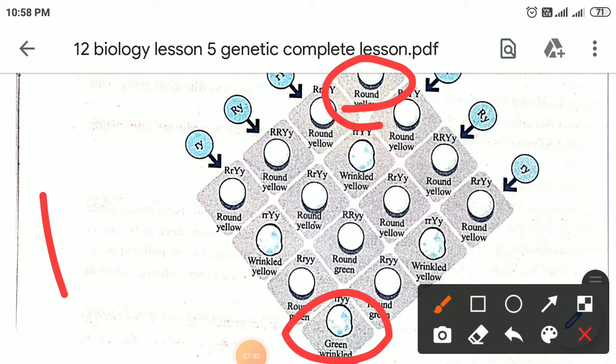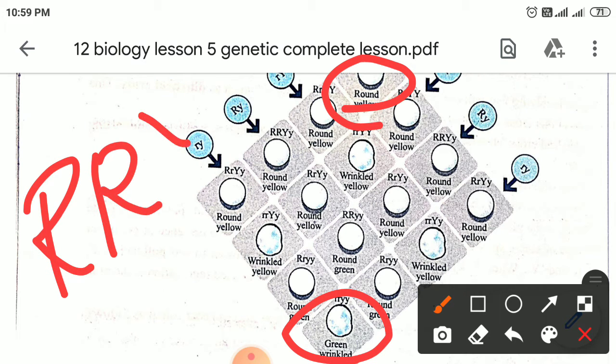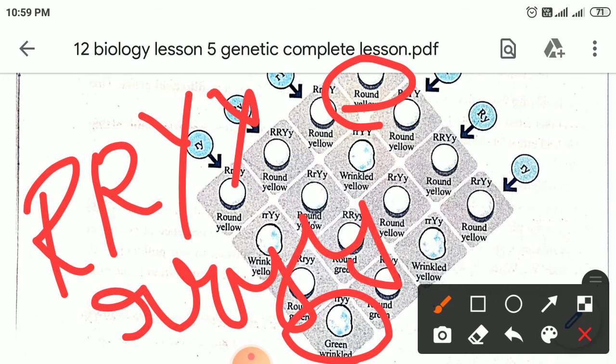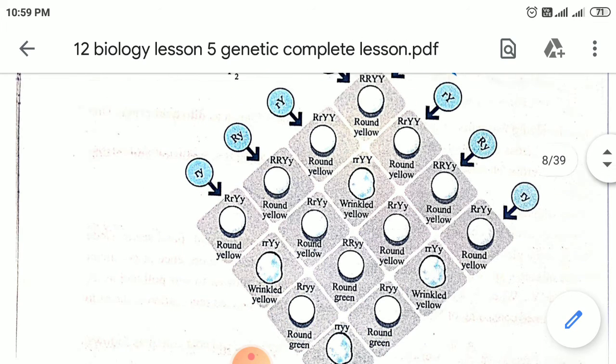That is the pure line: R R Y Y, small r small r small y small y. So this is the pure line. What we had crossed, that we will get. And the others are the hybrids of the parents.